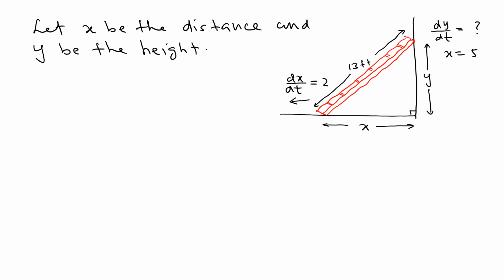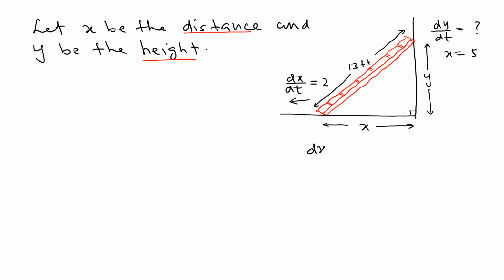So that's a starting point. So we can say x is the distance and y is the height. So now after we get that, what we can do is rewrite the information given here, and you can see right after you get the variables, it's very clear.